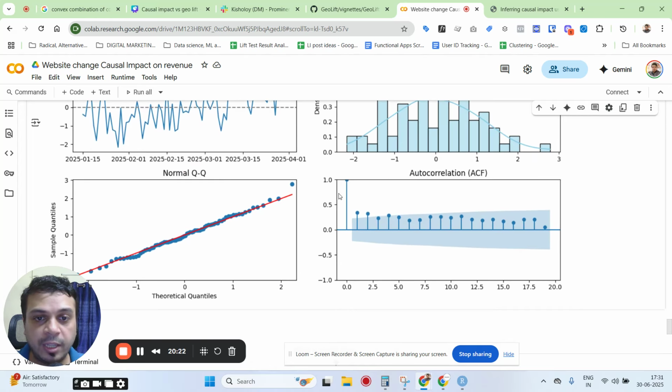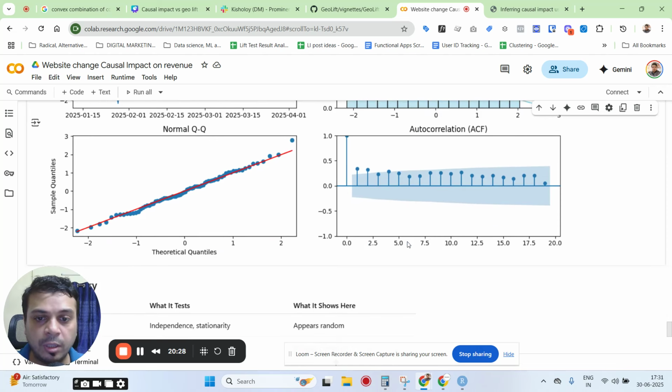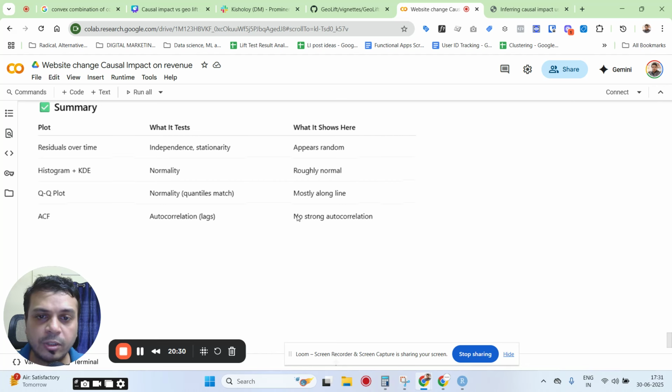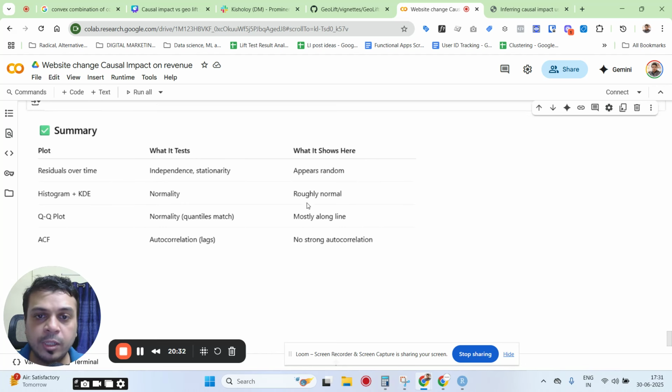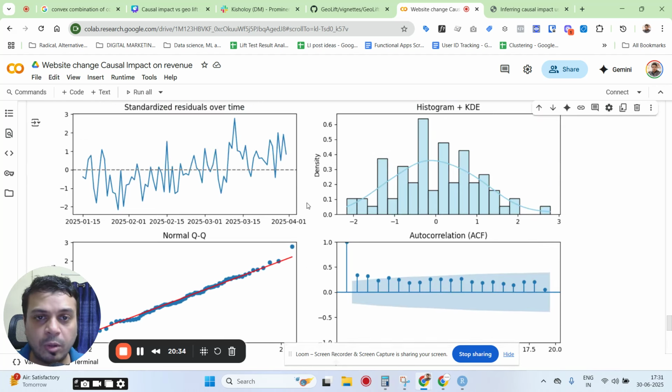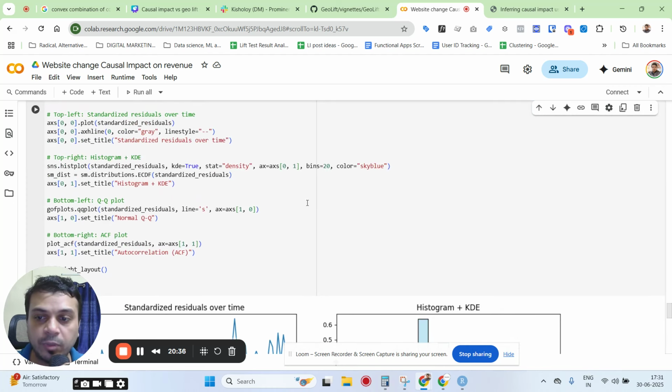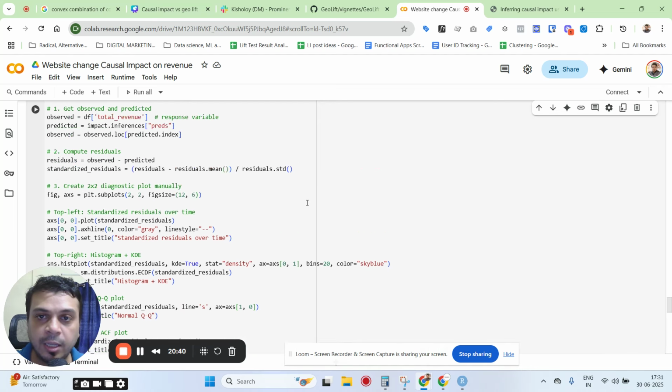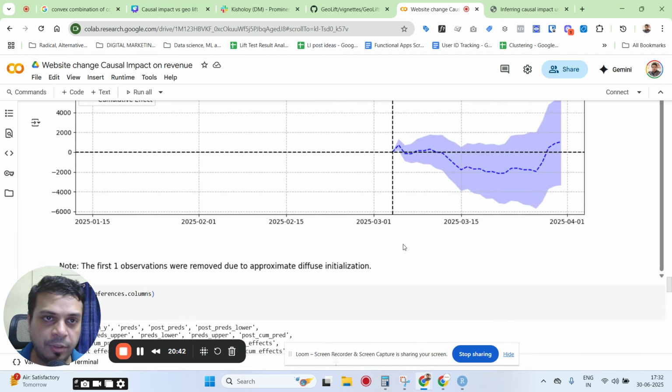You also see that there's not much here, just really white noise, which is only useful for the model. So it appears more or less normal, which means that the normality assumption, a very important assumption for regression-based models like this, is fairly decent.